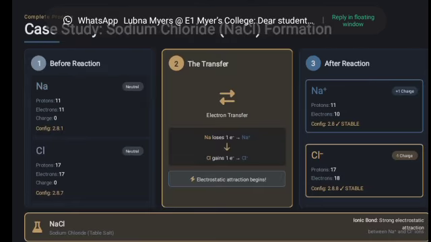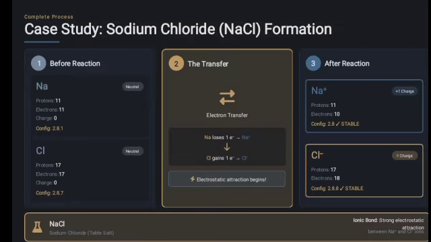Next, before the reaction, what will be the diagram or situation for sodium and chlorine? Then the electron is transferred from sodium to chlorine. Before the reaction, sodium has 11 protons, 11 electrons, and no charge. Its electronic configuration is 2, 8, and 1.